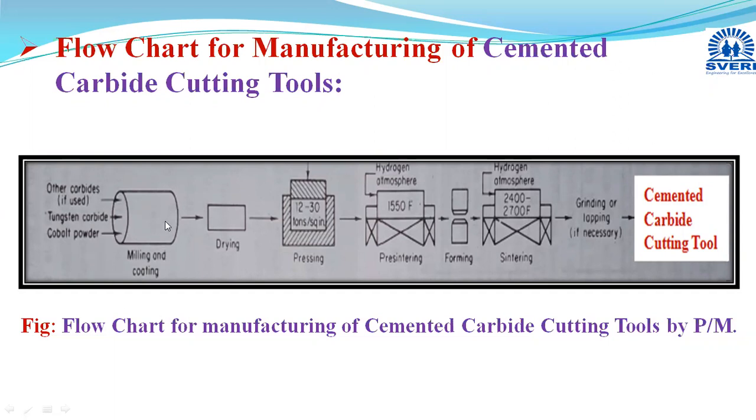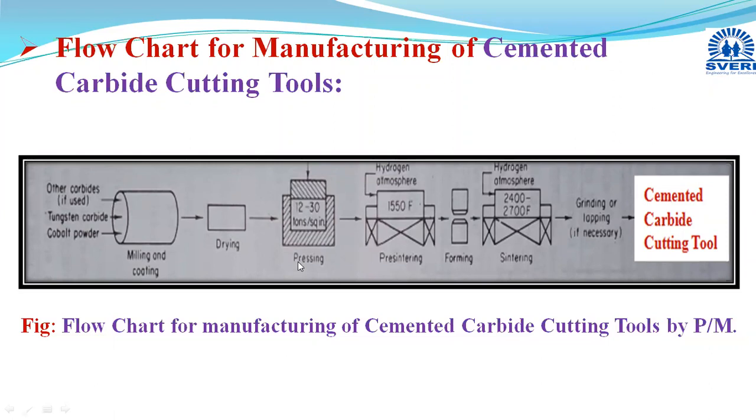In some books it is mentioned as milling, and here we are adding some lubricants like paraffin wax in petrol, camphor in ether, or glycerin in alcohol. Those lubricants are added to provide sufficient lubrication. Here pressing is done at 35 to 45 kg per mm square pressure.